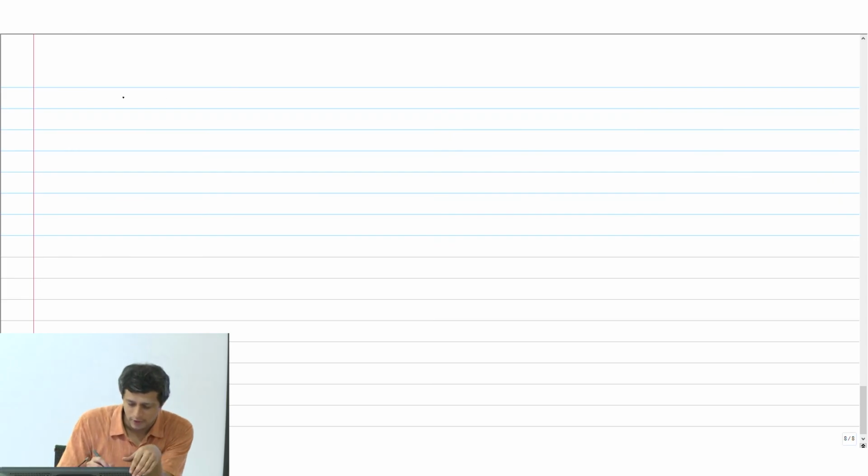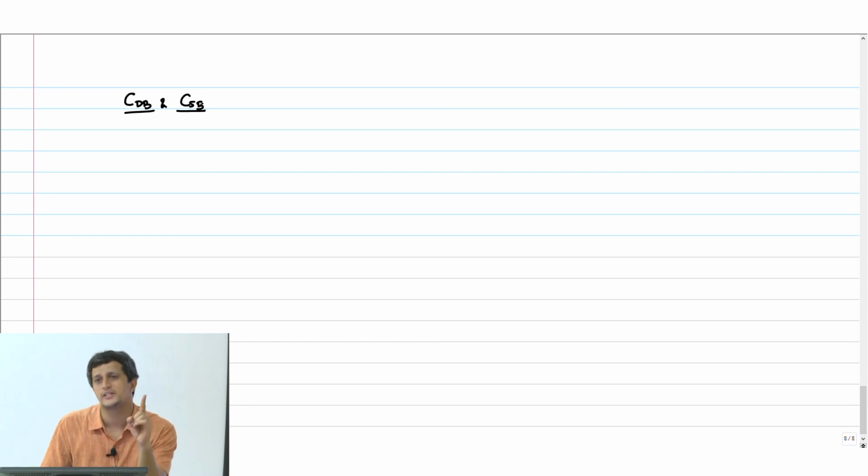So now the other two components, which are basically CDB and CSB. The origin of these capacitances is the PN junction reverse bias capacitances.